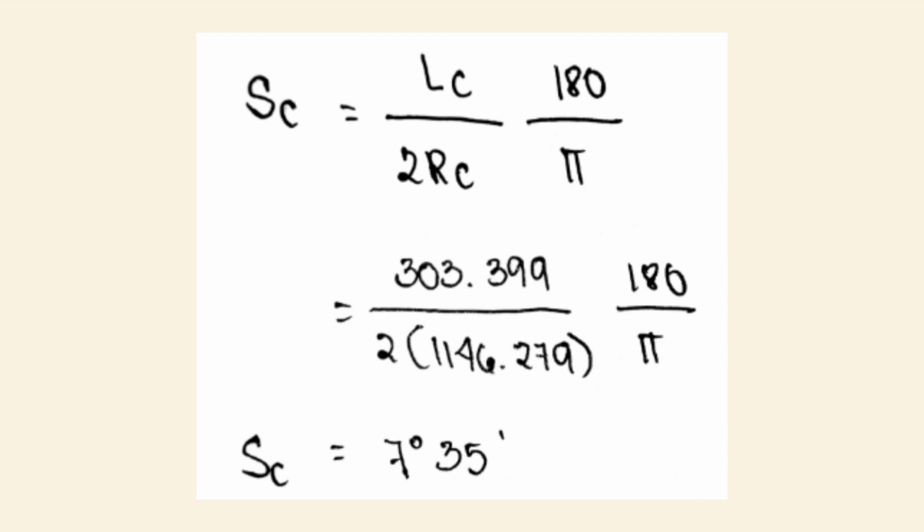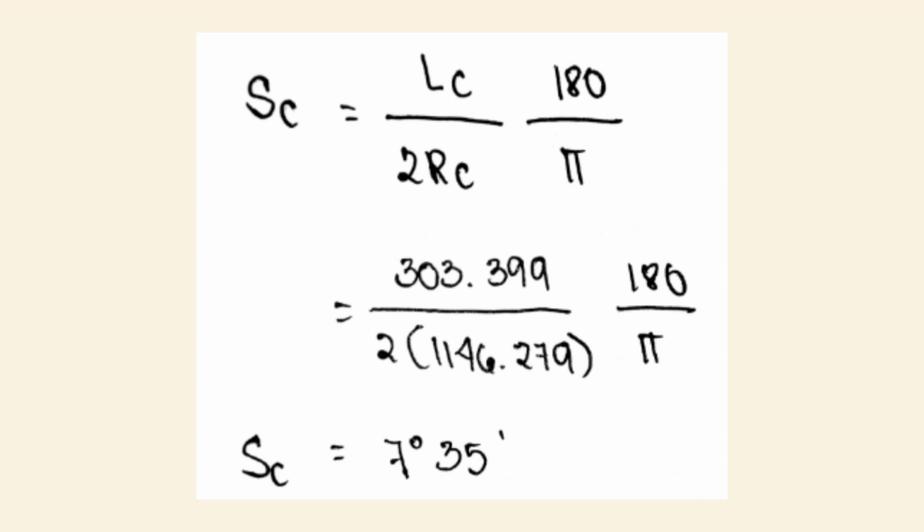Next, for letter C, we need to find the length of the long tangent, but we need to first determine the value of the spiral angle, the value of the offset distance, and the value of h. Solving for the spiral angle is equal to L over 2R multiplied by 180 degrees over pi.